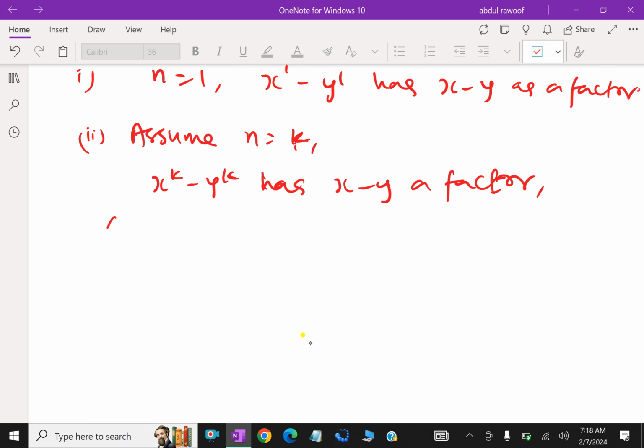Consider x power k plus 1 minus y power k plus 1. That is, k becomes k plus 1.